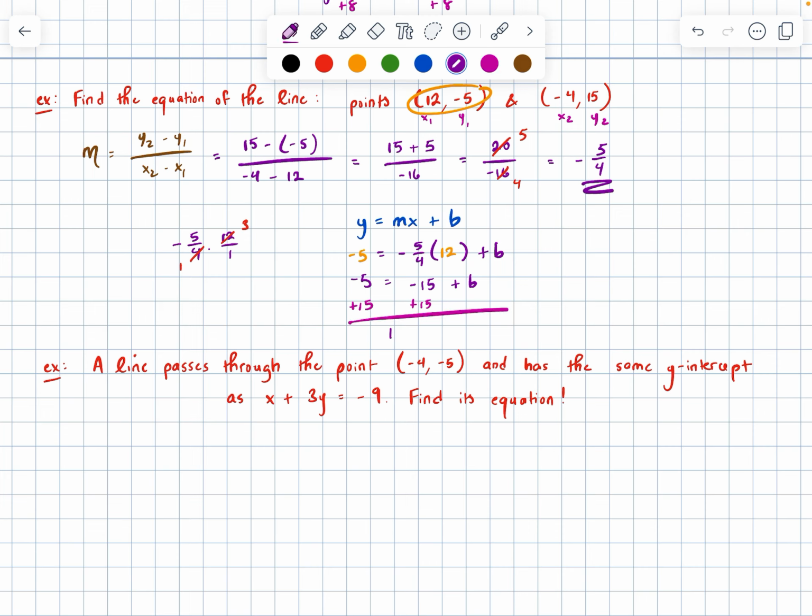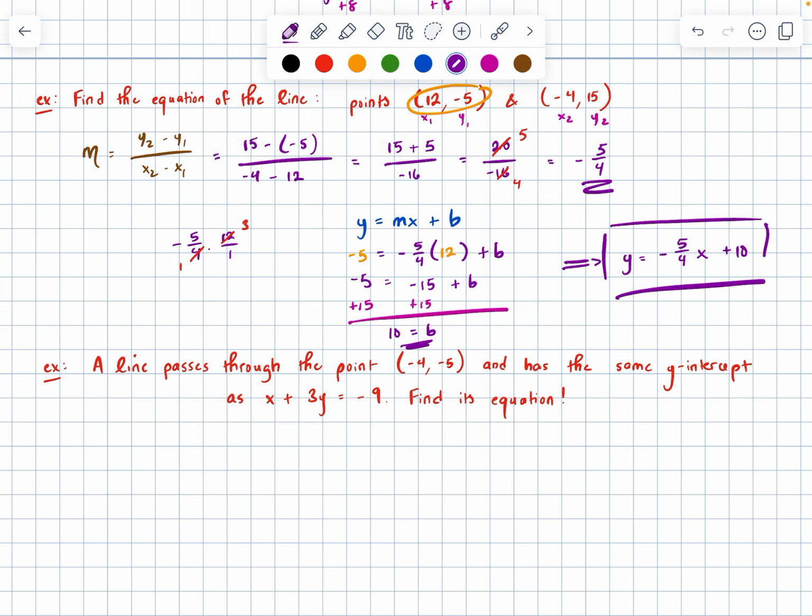That tells me here that 10 is equal to b. So m is -5/4. b is 10. Slotting everything back into y equals mx plus b, we know that y is equal to -5/4 x plus 10. Beautiful.